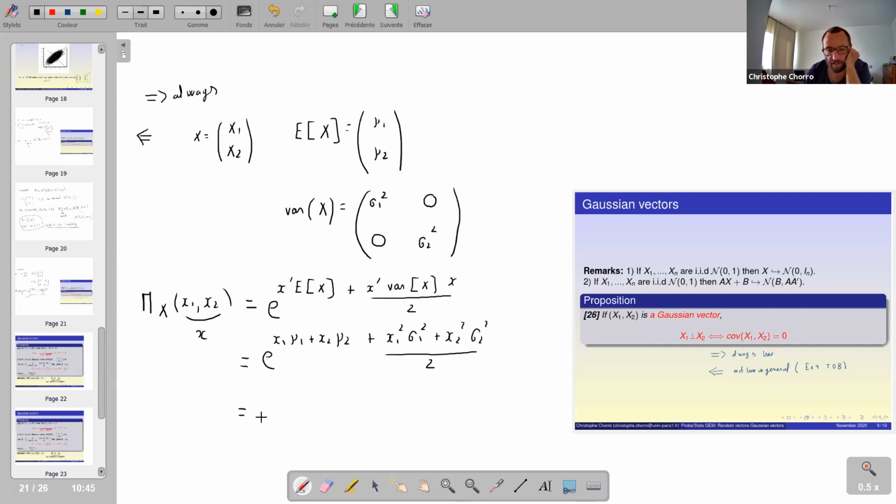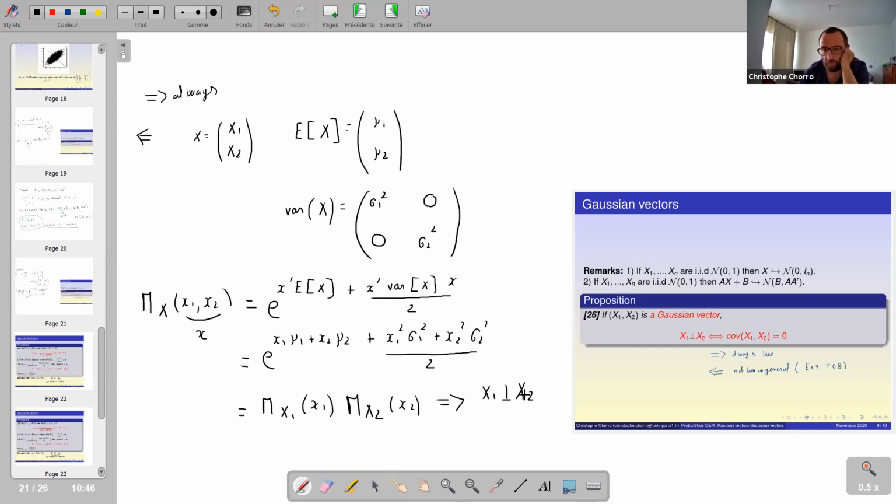So this implies independence. I can write it simply as the moment generating function of X1 at the point x1 multiplied by the moment generating function of X2 at the point x2, and from the part concerning moment generating functions, this implies the independence between X1 and X2.